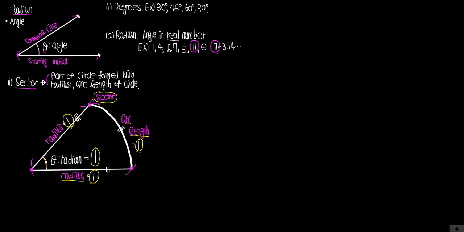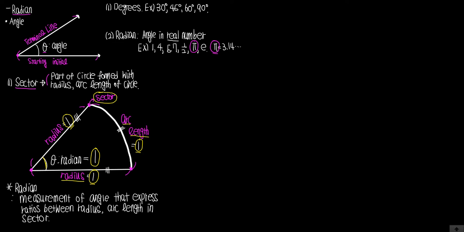So from here, we might think about a new definition of a radian in terms of a sector, without thinking of its formula. Basically, the definition of the radian will be a measurement of the angle that expresses the ratio between the radius and the arc length in a sector. The ratio is the most important thing in our sector.